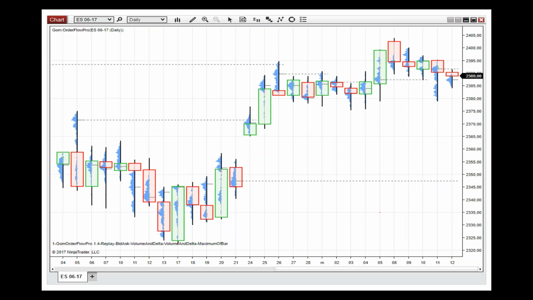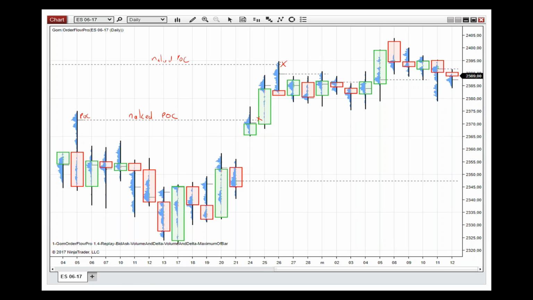It looks like here. Here we have the previous point of control. Here is what we call the naked point of control, naked POC. Naked means that it's not touched. So here it's touched and it disappears. And here the same, we have a naked POC here and it disappears here.